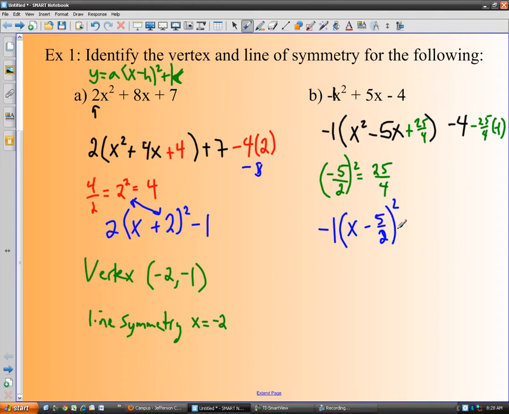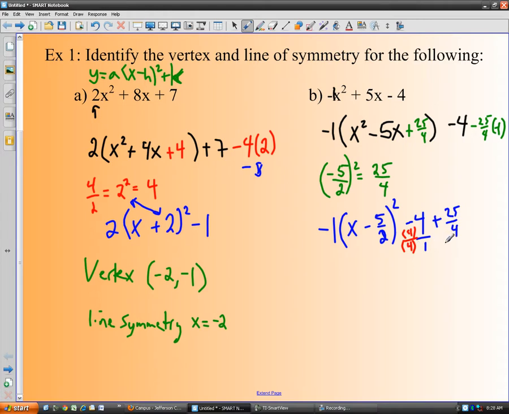And then over here, well, this is where it kind of gets ugly. So I'm going to have minus 4 and then plus 25 fourths. So in order to get the vertex, I'm going to have to combine these. And right now, this negative 4 is over 1. So I have to multiply the top and bottom by 1 of this number. And the one I'm choosing is 4 over 4. Because if I take 4 over 4, that gives me a common denominator so I can add these fractions together.